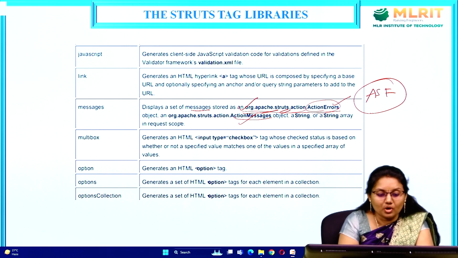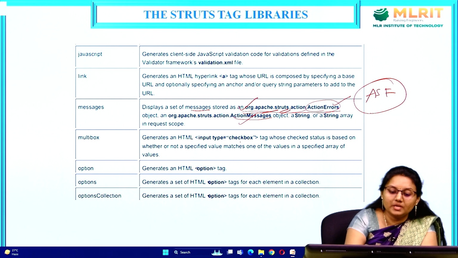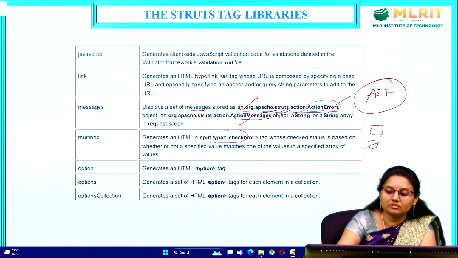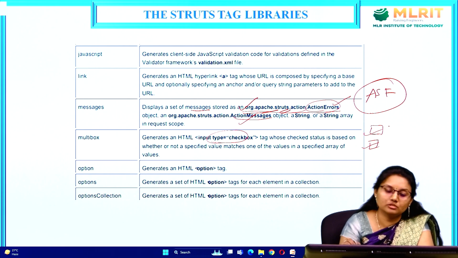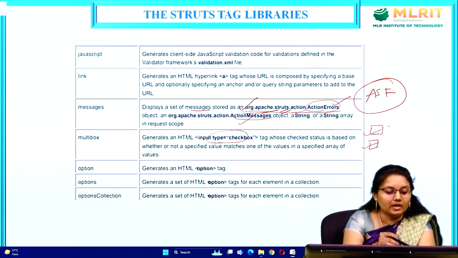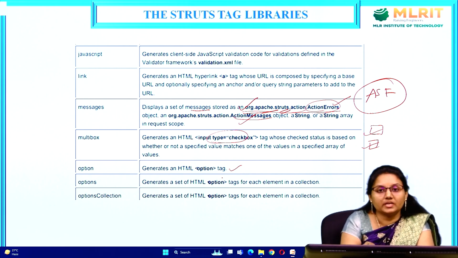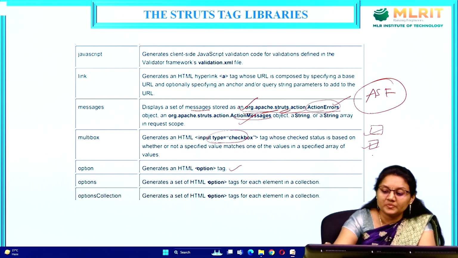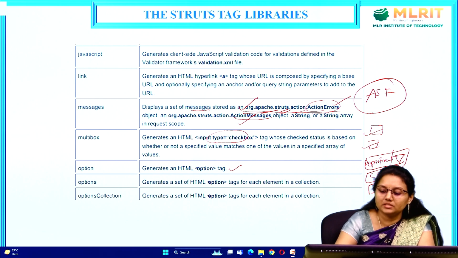Then multibox generates the HTML input type as checkbox. As I told you, multibox is also for the checkbox. Checkbox is also for checkbox. And option generates an option tag. Option is nothing but whatever drop-down list you are giving. So say it is a department; here you have CSE, ECE, EEE.